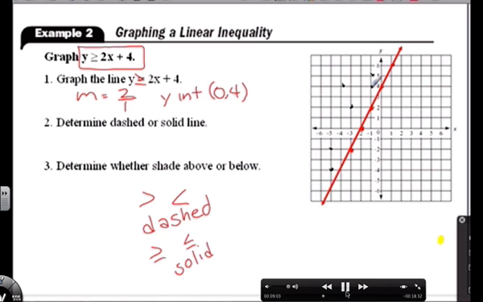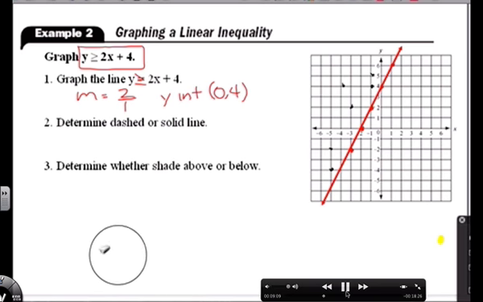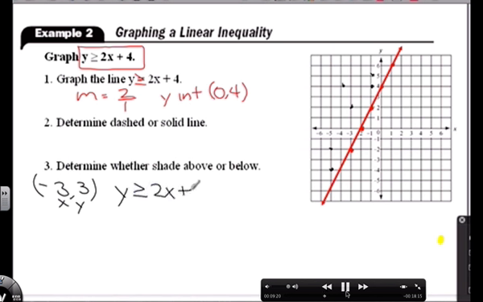(-3, 3). All right, so I have (-3, 3). I know this is my x, this is my y. So let's go back to the equation. y is greater than or equal to 2x plus 4.